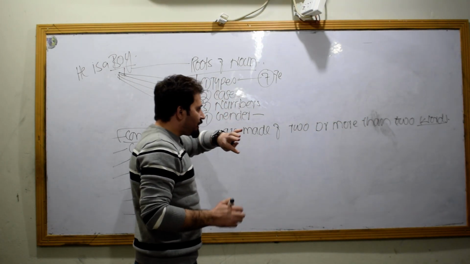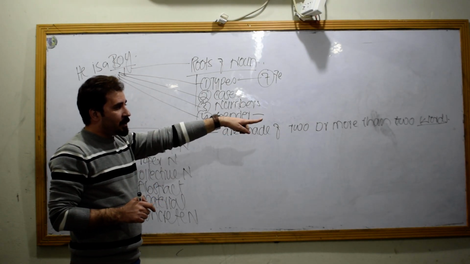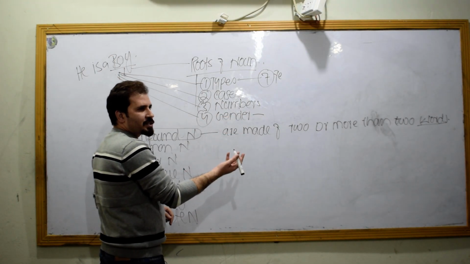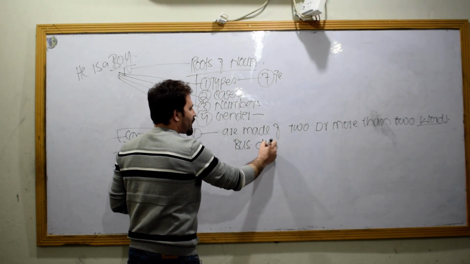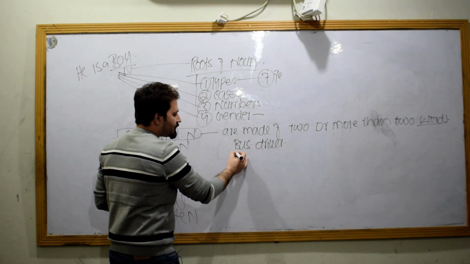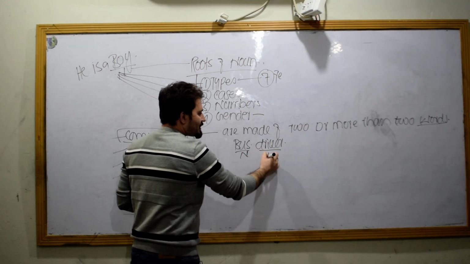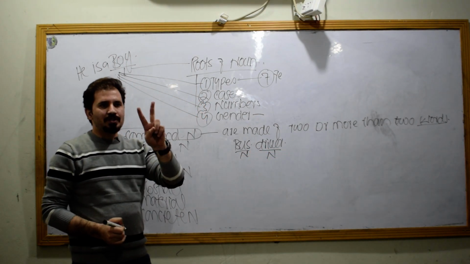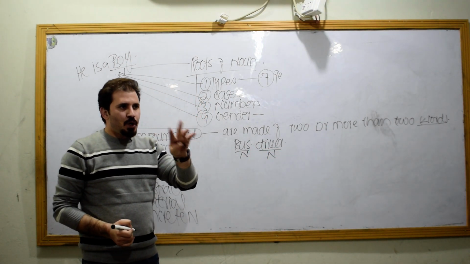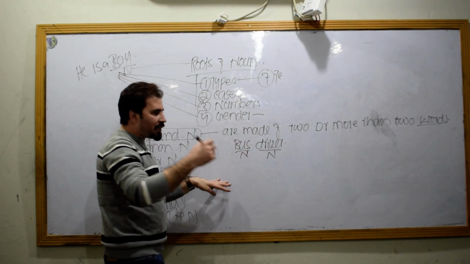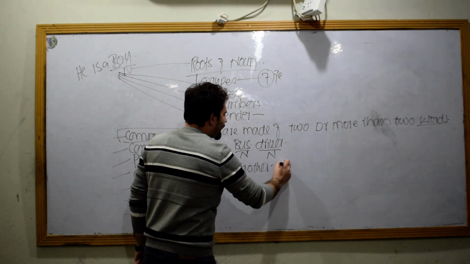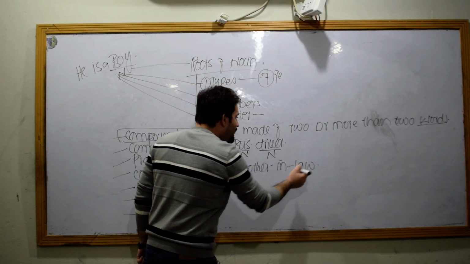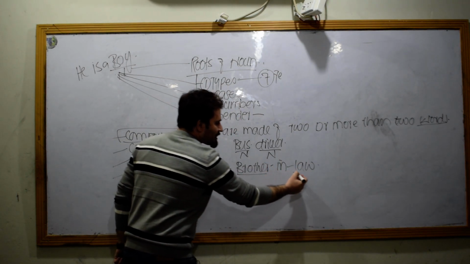Words. Why have we used words here? If I say 2 words, noun, bus, and driver, how many nouns do I have? This is a noun, this is a noun. 2 nouns are here. But look here, if I say brother-in-law, this is one word, this is another word.